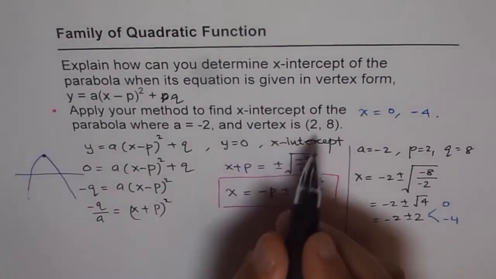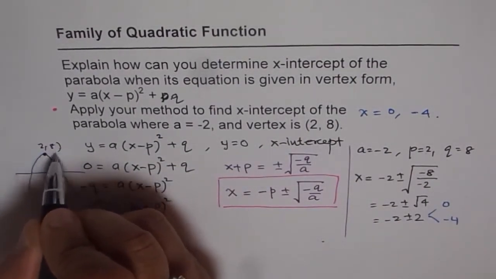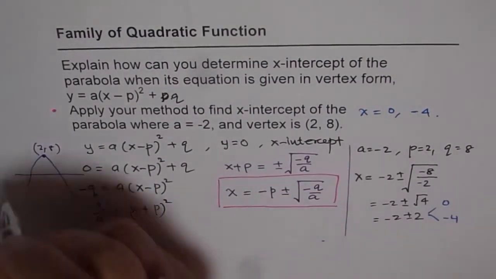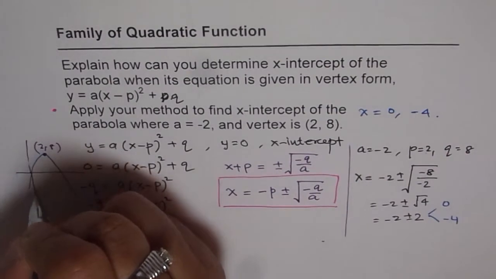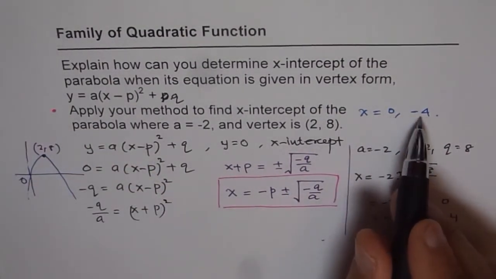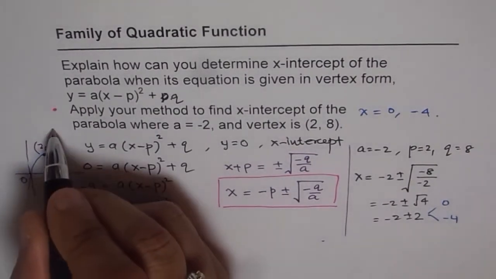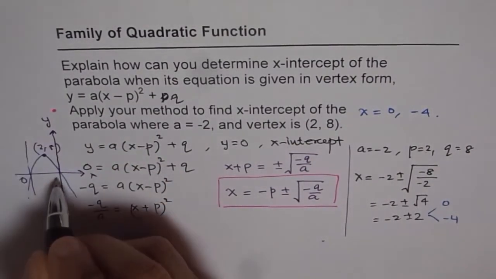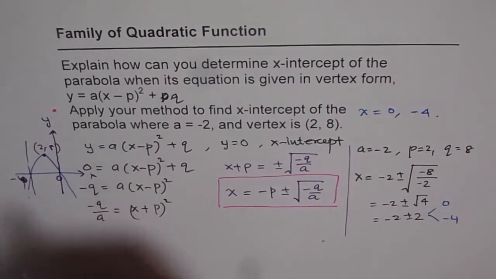The vertex is given as (2, 8), and minus 2 says it will open downwards. You could draw it like this, where this is y, this is x, and the intercepts are at 0 and 4.